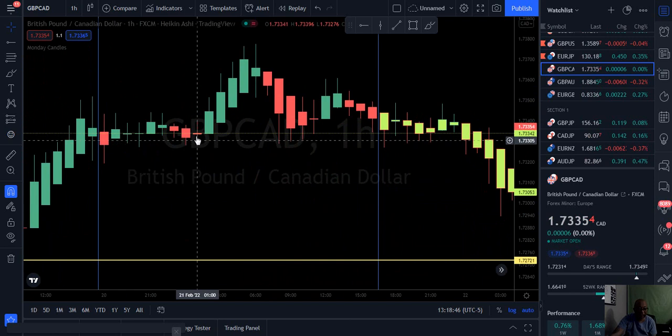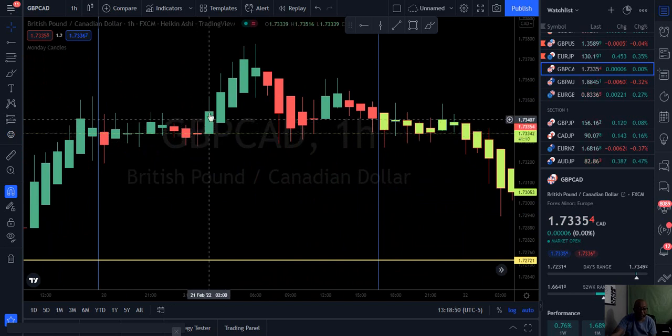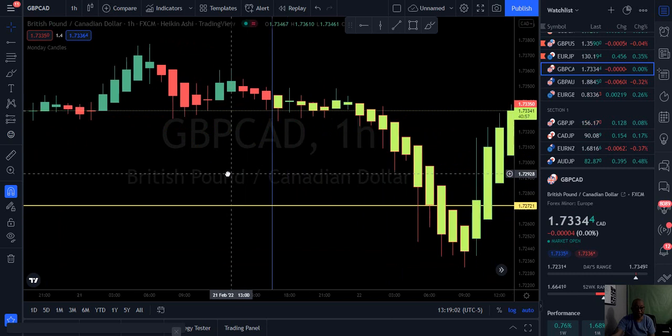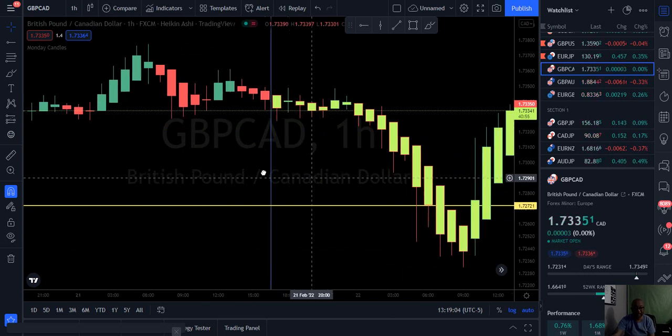But even right here, this green candle formed at the halfway mark of this red candle. So if you keep that in mind and get that in your system too, guys, that will aid you in making an informed decision about getting in.